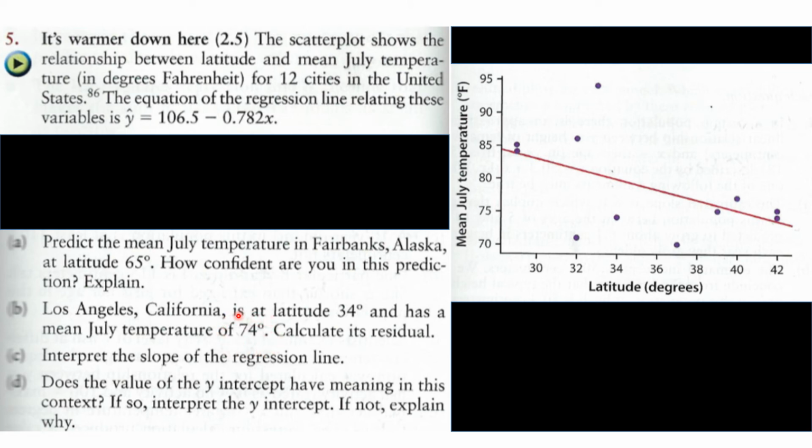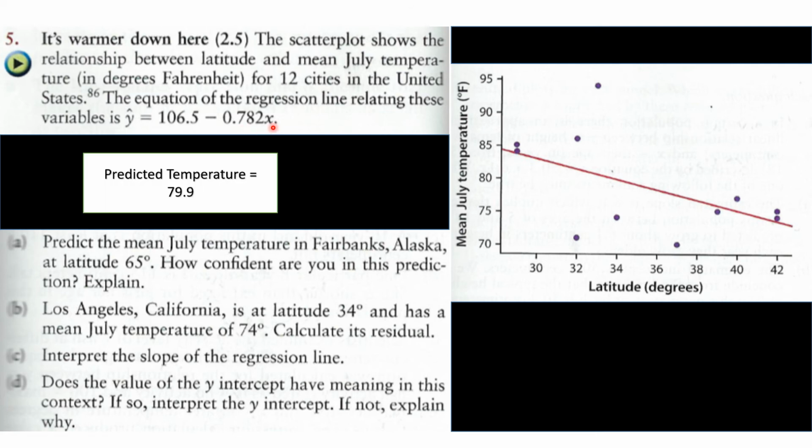To find what we would predict using this equation, we plug in that 34 degree latitude for this x. So we get 106.5 minus 0.782 times 34. When we do that, we get a predicted temperature of 79.9. So the predicted temperature is close to the actual temperature, which shows our regression equation working.